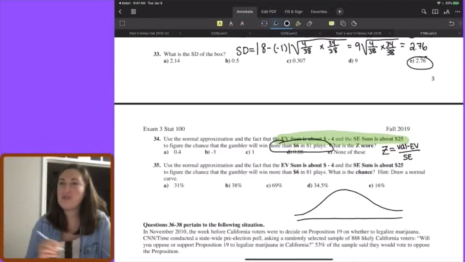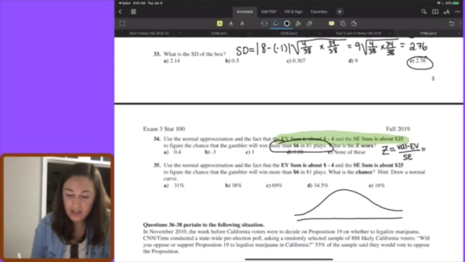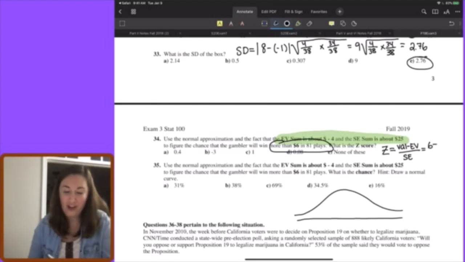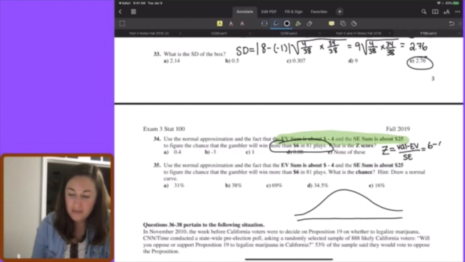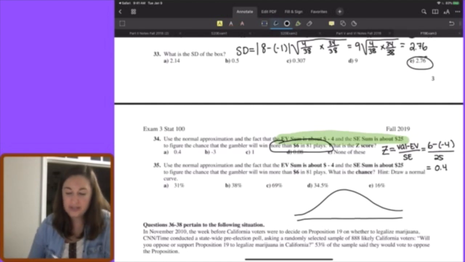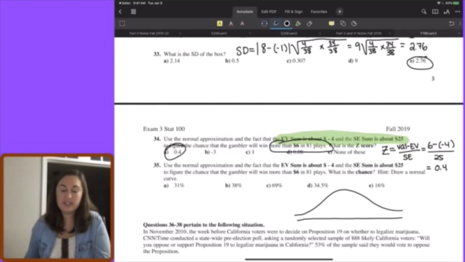Oh yeah, z-score. So my value that I'm concerned about is $6. I want to know what's the chance I win more than $6 in 81 plays. My expected value is negative 4, and my standard error is 25. What is that? 10 over 25. So I end up getting 0.4 as my z-score. So what that means is winning $6 is 0.4 standard errors above what I would expect.